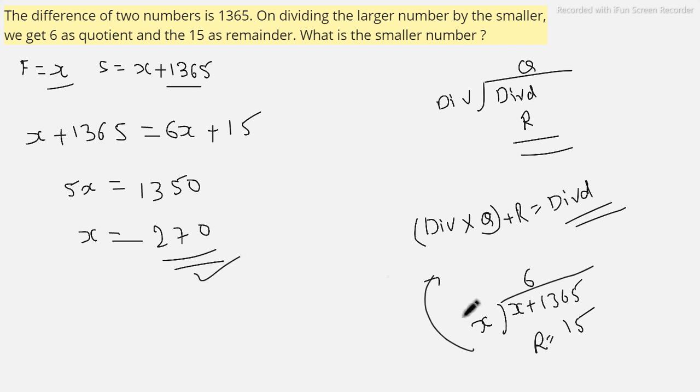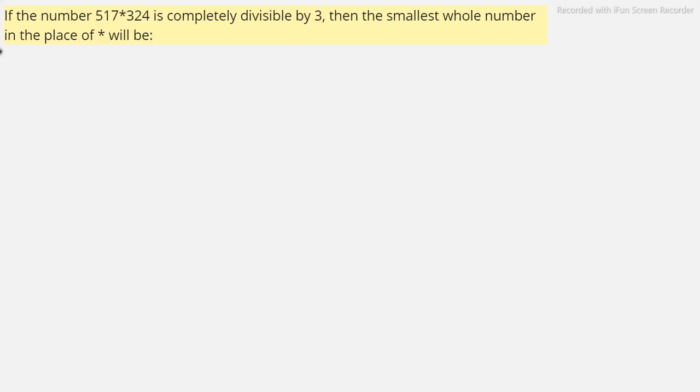Moving on to next question. And the question is, if the number 517 star 324 is completely divisible by 3, then the smallest whole number in the place of a star will be. So here we have to understand what will be the divisibility rule by 3. So a number is divisible by 3 when the sum of all its digits is divisible by 3.